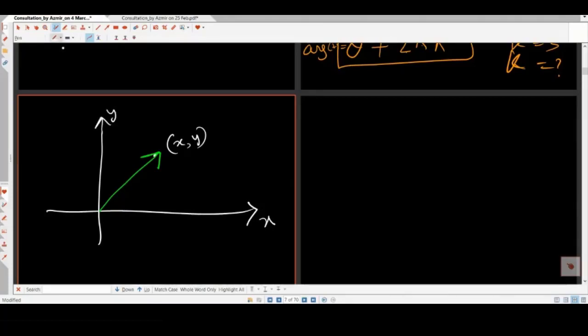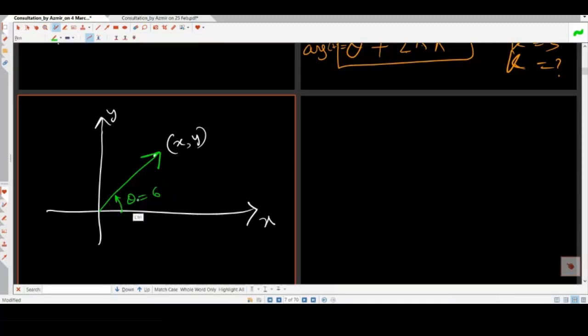So this time what we can do, suppose we have the angle theta as 60 degree, but now we want to come from clockwise direction, and our target is to get the same line.